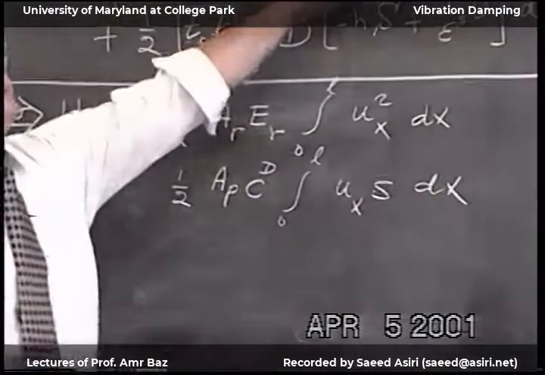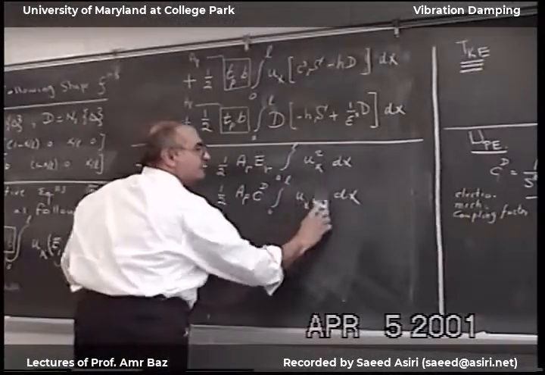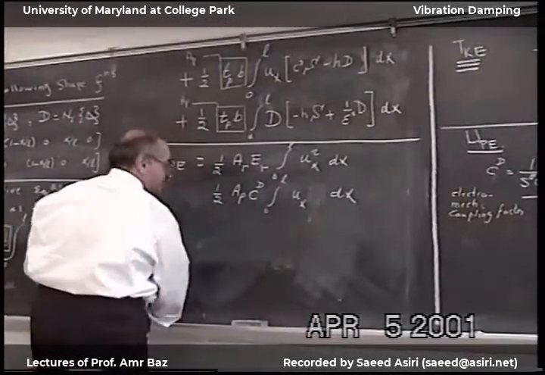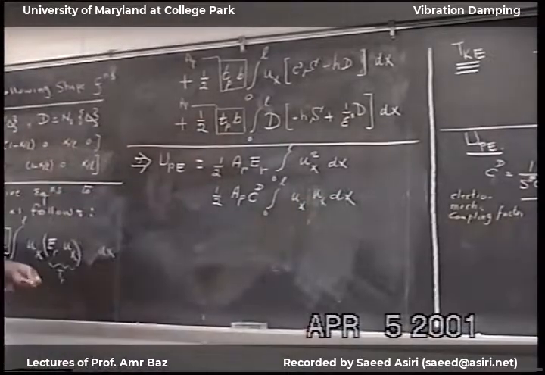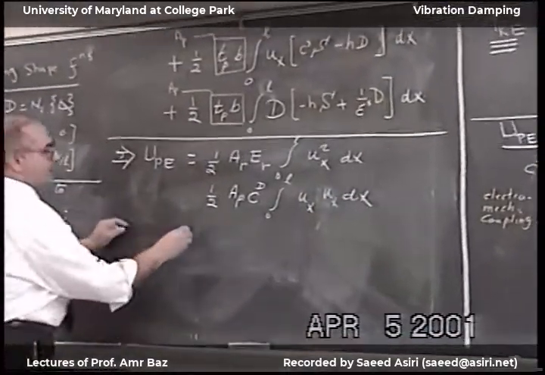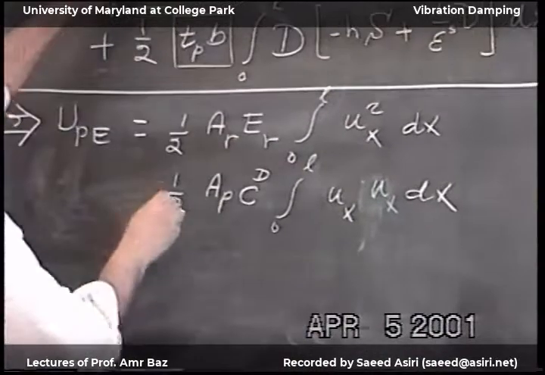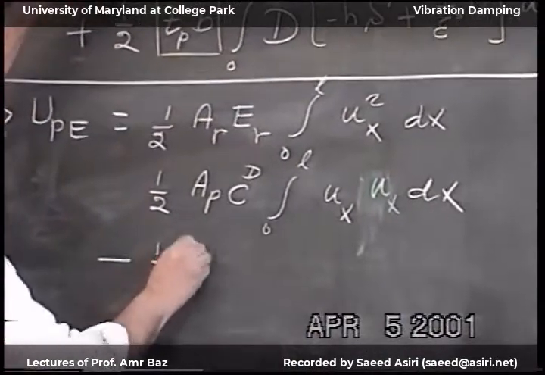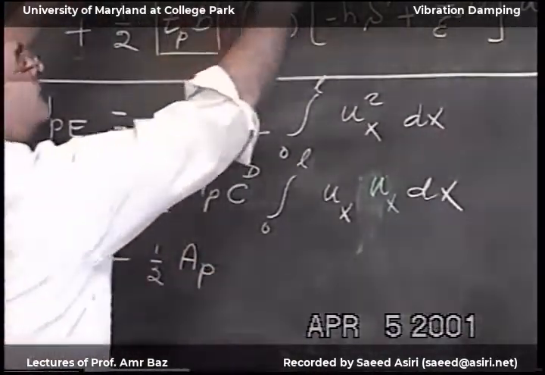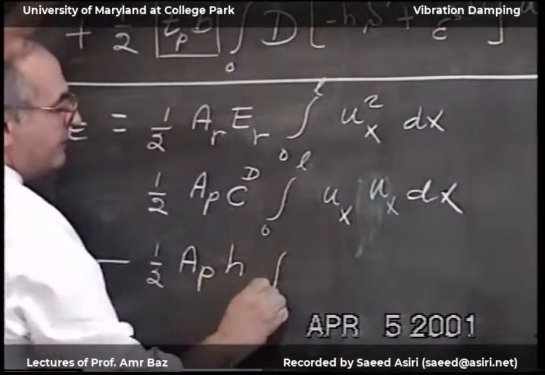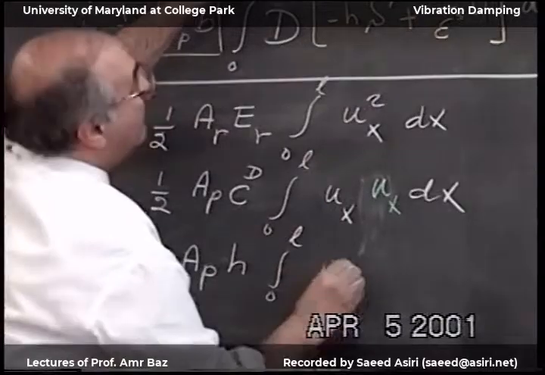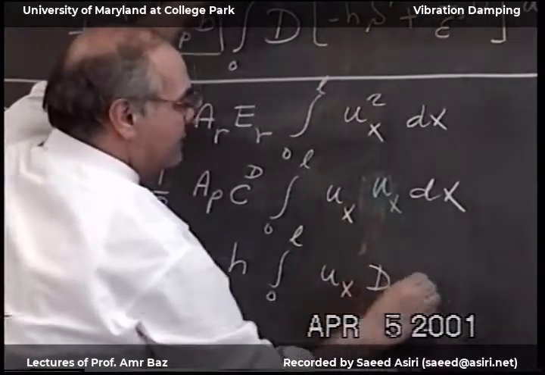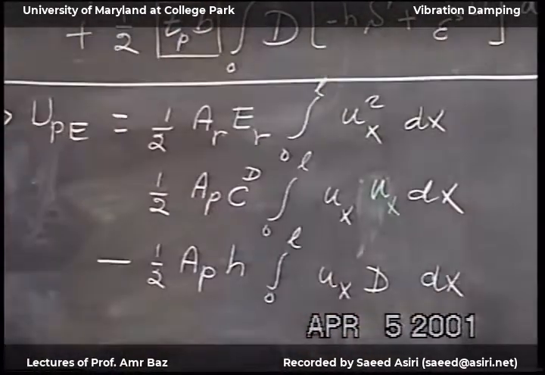S is the strain, so I can replace the strain by U of X. And then I have minus 1/2 A piezo times H integral from 0 to L of Ux and D and dx.